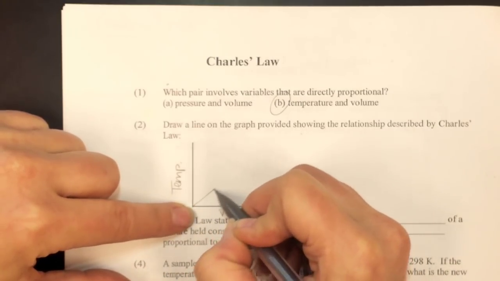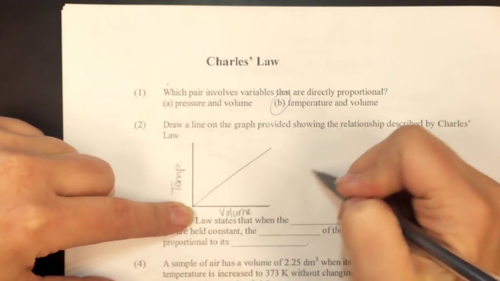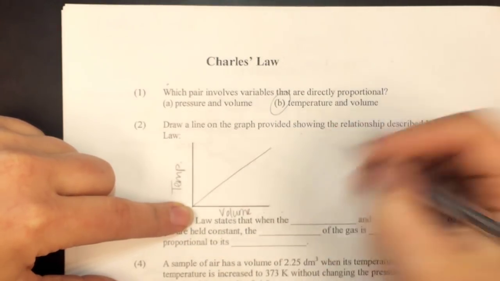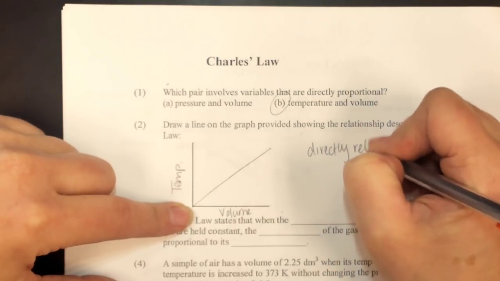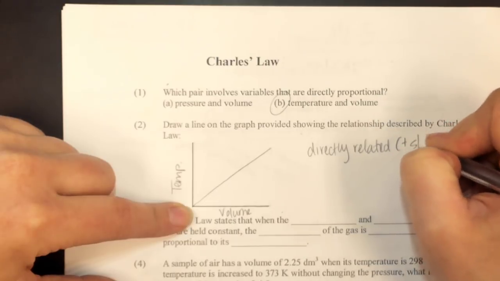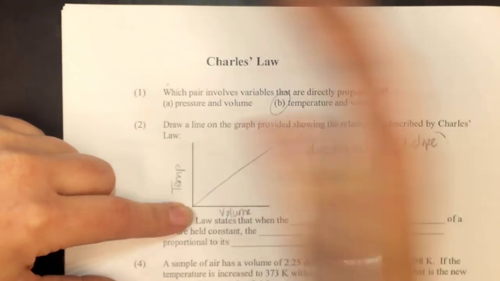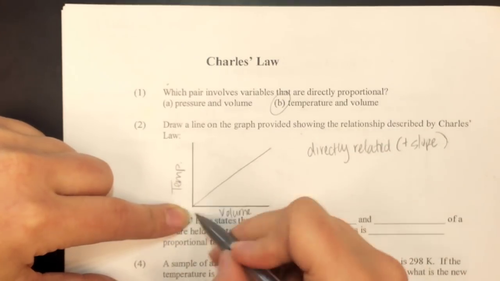So it must be a linear relationship where they are directly related. So directly related, that is the positive slope of the line. Okay. As temperature increases, volume increases.